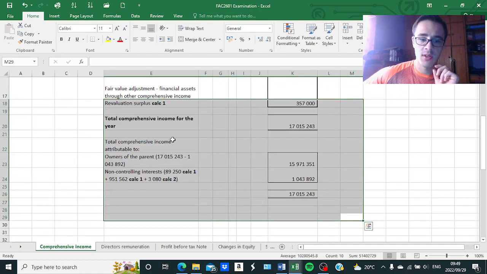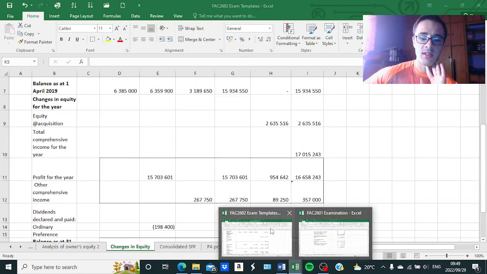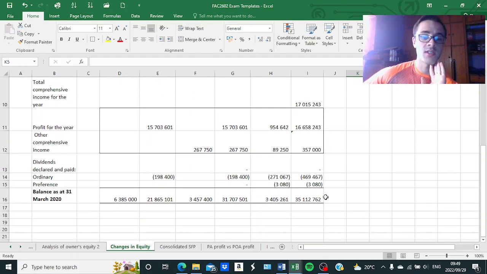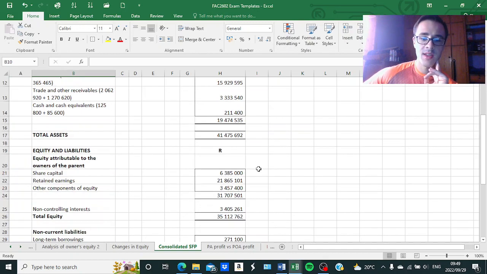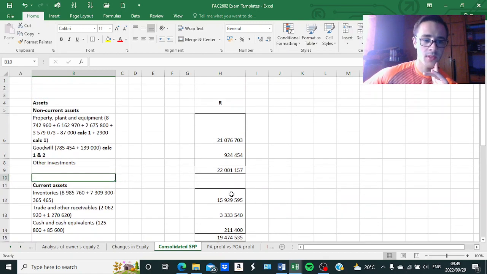But for this question, all the consolidated financial statements were drafted, and this should help you to properly prepare for the examination, which will take place on the 24th of October 2022. And yes, as I've said, if you've managed to do this correctly, you should manage with the examination.